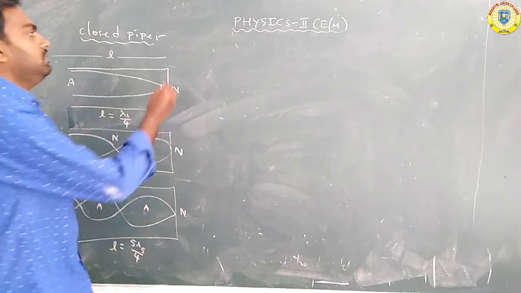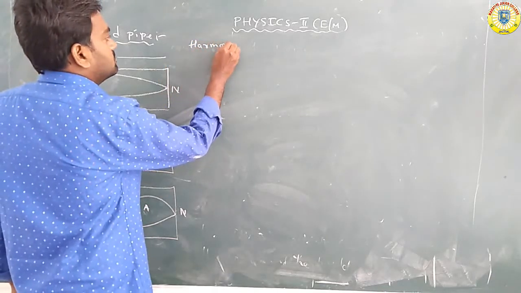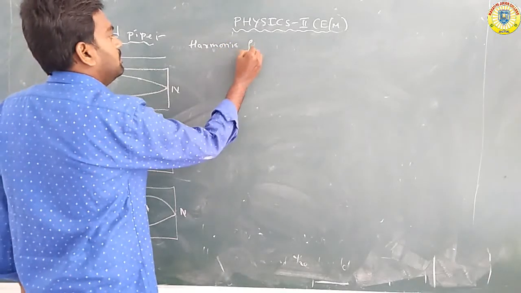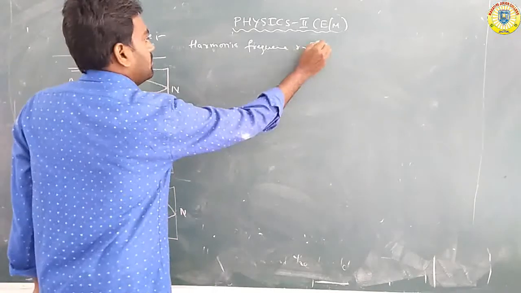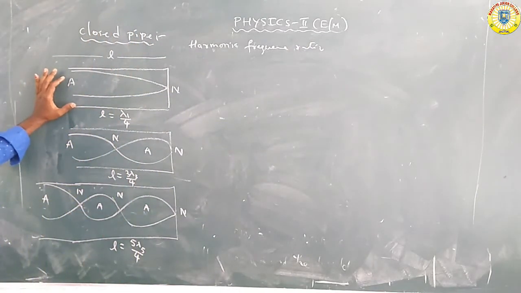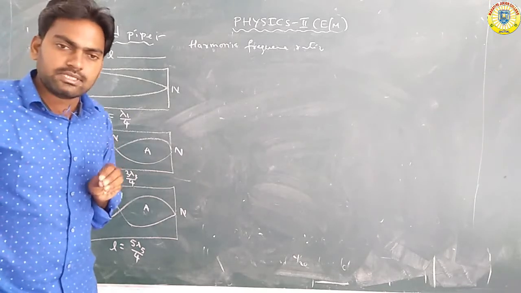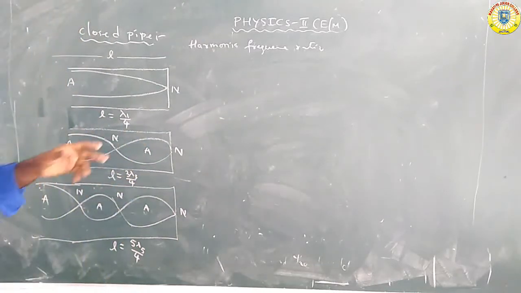So the harmonic frequency ratio is to be found out. So this is called the fundamental harmonic or first harmonic. The fundamental harmonic will have how many nodes or antinodes?